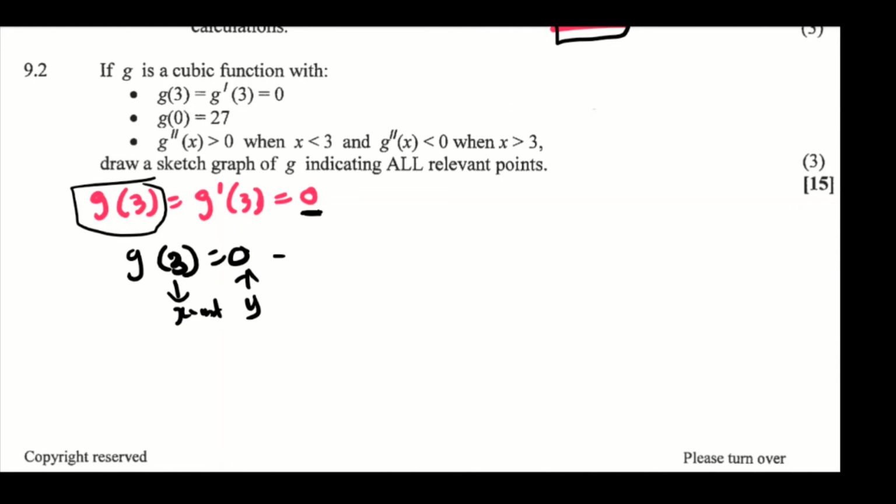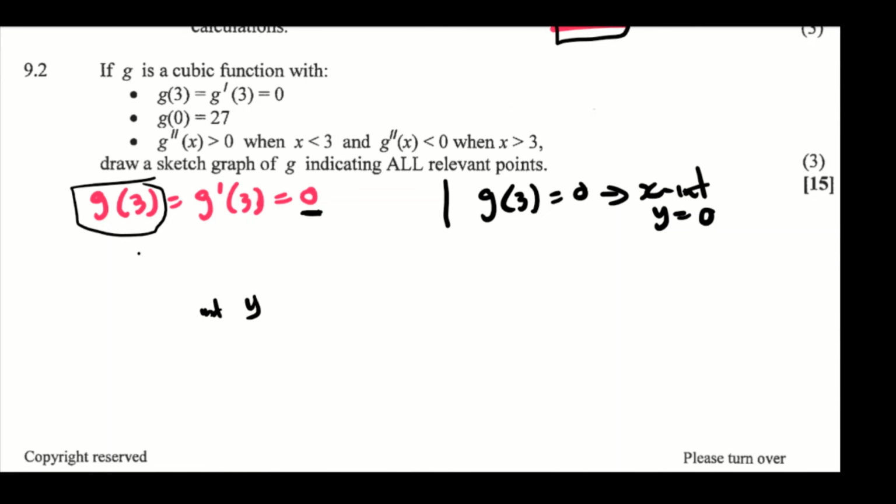So this, let me just indicate here, g of 3 equals 0. This is the x-intercept when y is equal to 0, fine. So now I've explained this small portion. And then g prime of 3 is equal to 0. So what this means is the turning point.